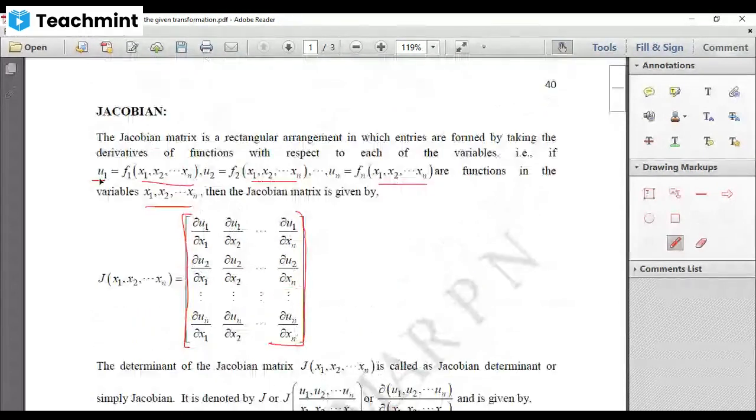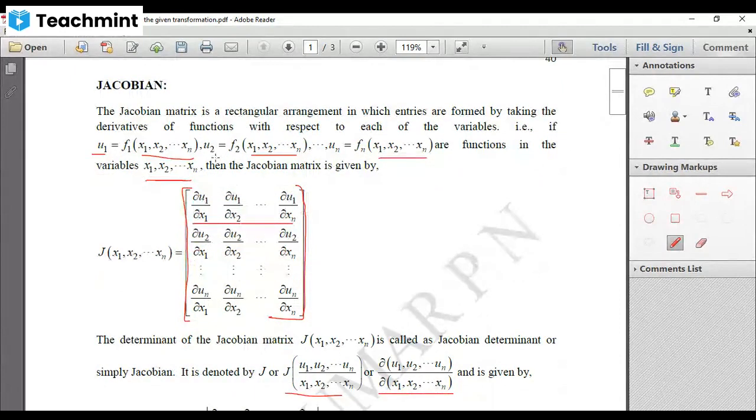You differentiate partially u1 with respect to x1, u1 with respect to x2, u1 with respect to x3, etc., u1 with respect to xn. That gives you the first row of this matrix. Then differentiate partially u2 with respect to x1, x2, etc. up to xn. That gives you the second row.